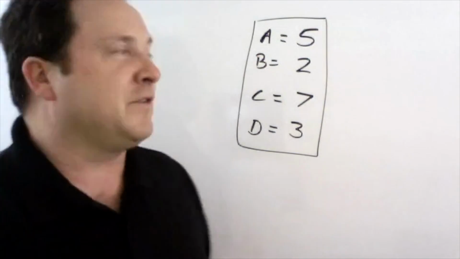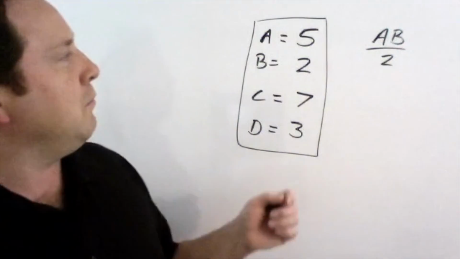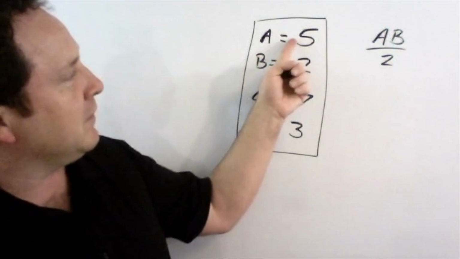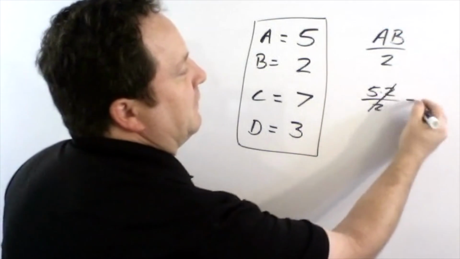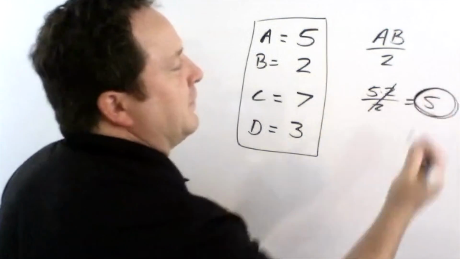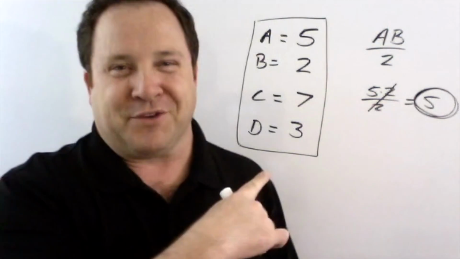And now we can just answer the question. a times b over 2 is 5 times 2 over 2, which is just 5. So the answer to this question is 5, using our numbers.